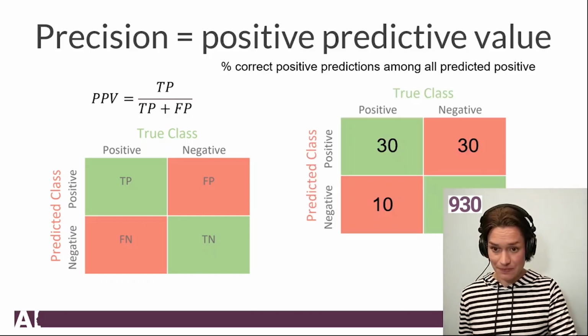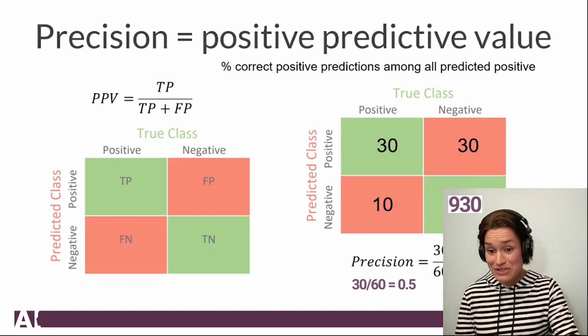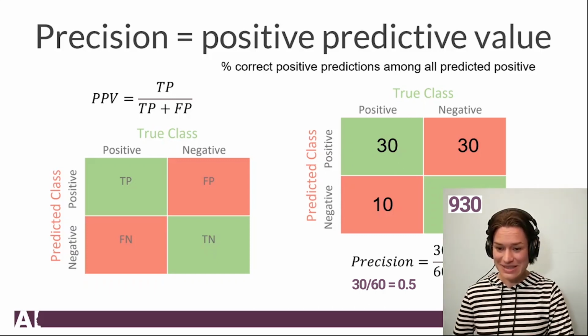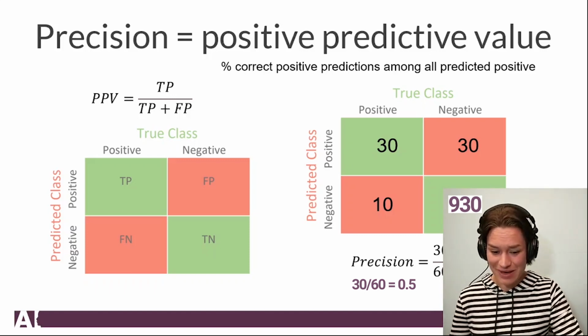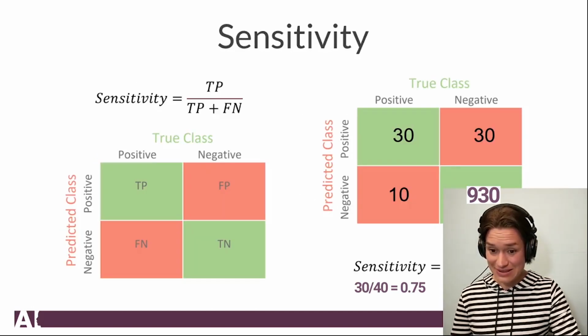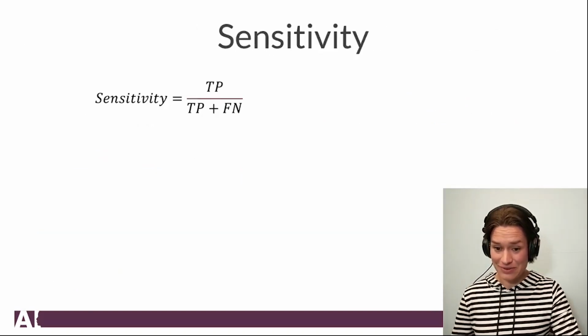So our numbers, again, here our precision is not so high. We had accuracy of 96, even though everything was negative.